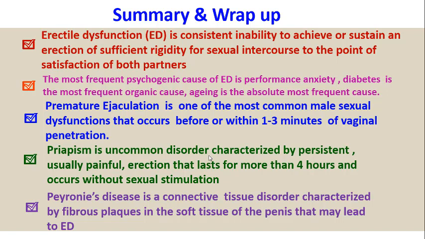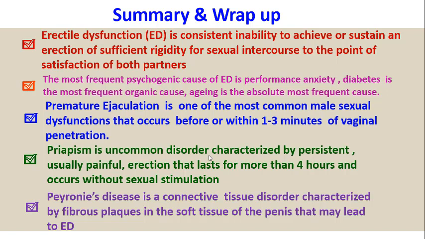Dear students, at the end of this lecture, you can read the summary of this lecture commenting on erectile dysfunction. The most frequent psychogenic cause of erectile dysfunction is performance anxiety. The most frequent organic cause is diabetes, and aging is the absolute most frequent cause.